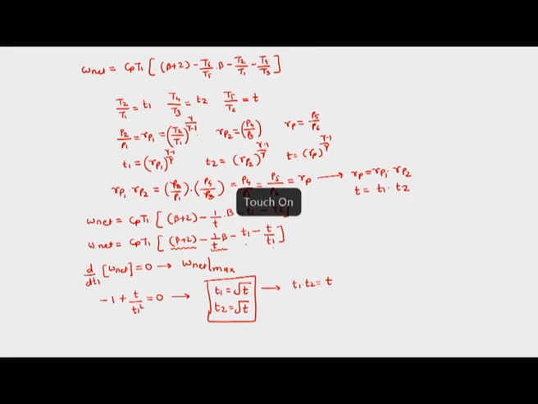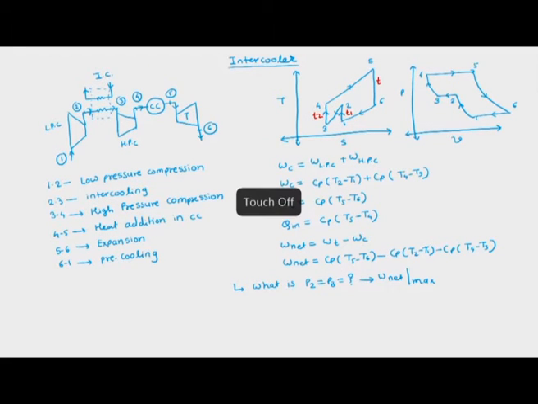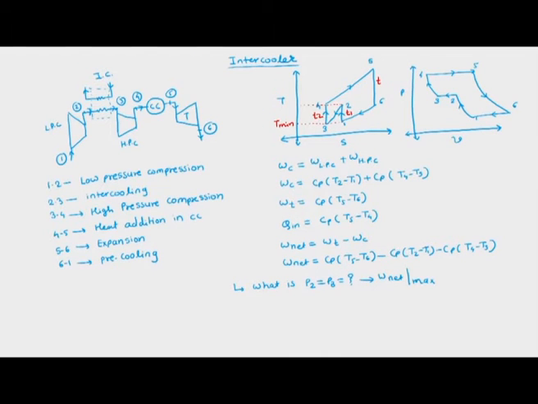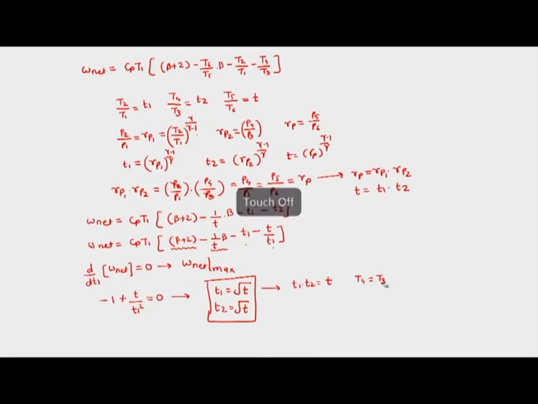If we go back and see what we have achieved, we got again that T1 is equal to T2, but we said internally that these two temperatures are same. So we said this is T min. This ratio is same, that means this temperature is also same. So what we got internally by this assumption is T4 is equal to T2.